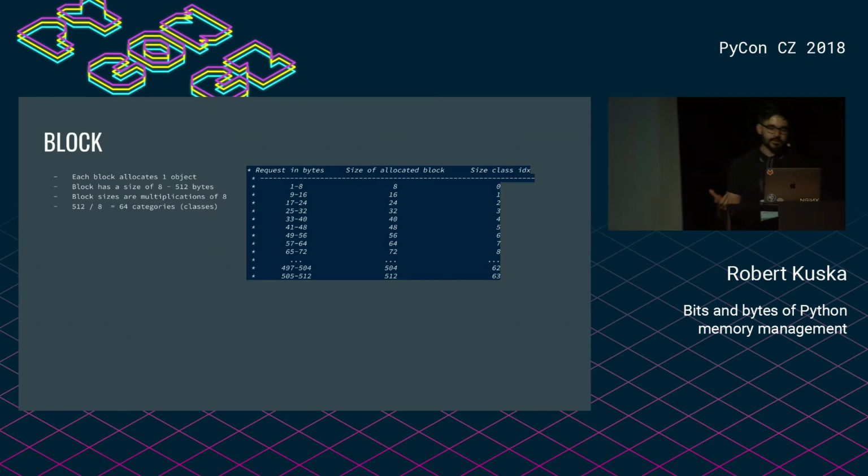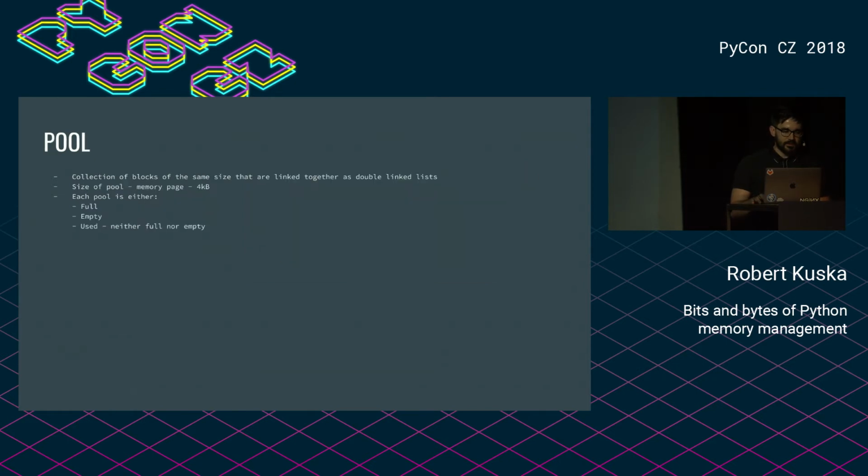So if you have an object and it has a size of 6 bytes, it belongs to the 0 size class, which is 1 to 8 bytes, because the block has 8 bytes. It only matters if the object fits into the block, and even if the object has a smaller size than the actual block, it takes the whole 8 bytes.